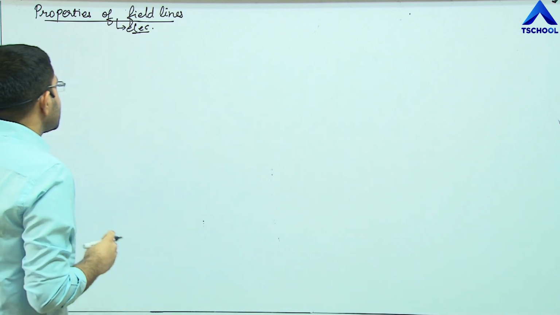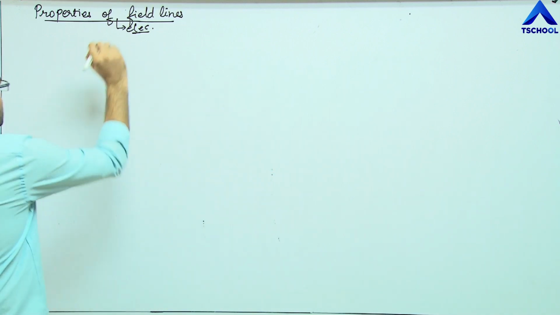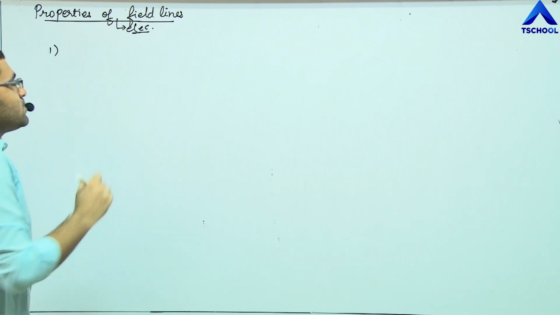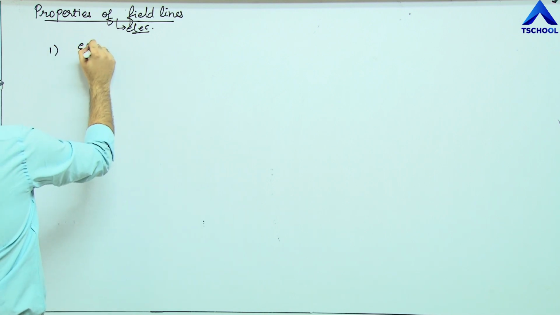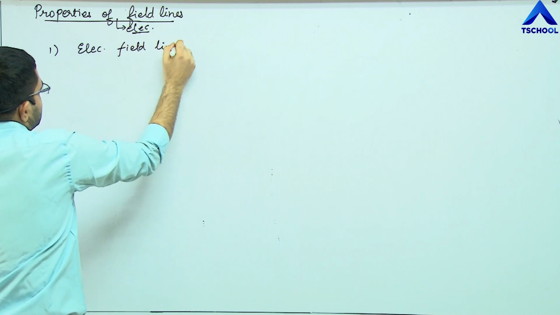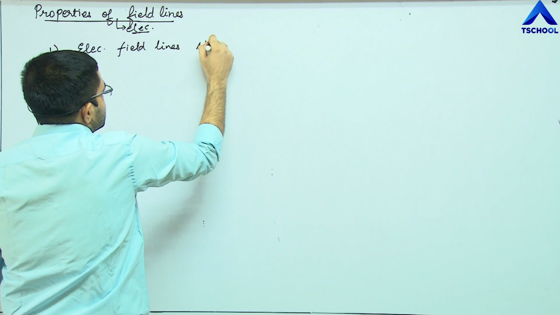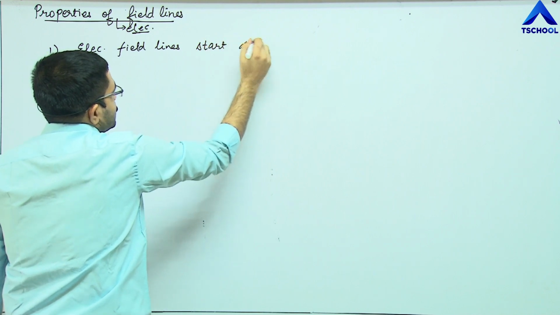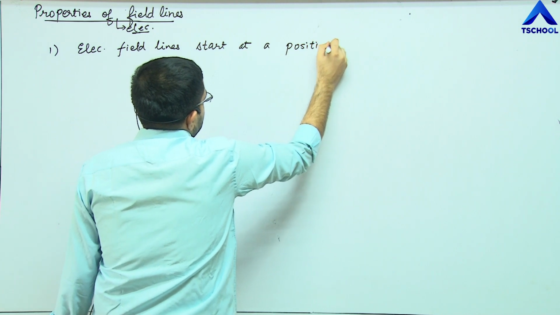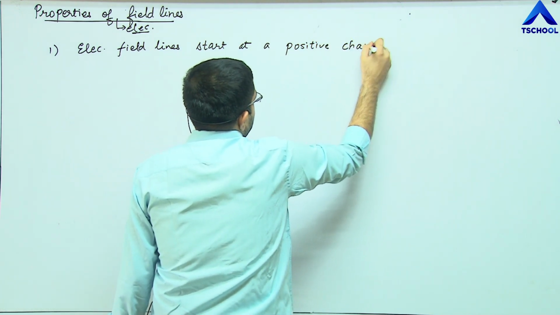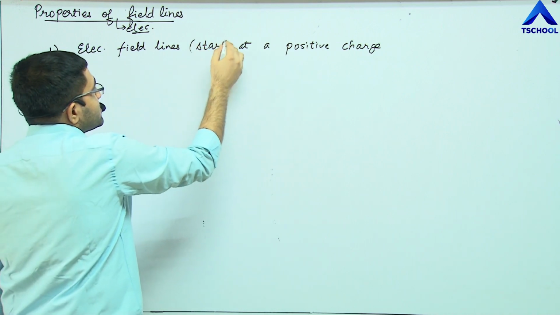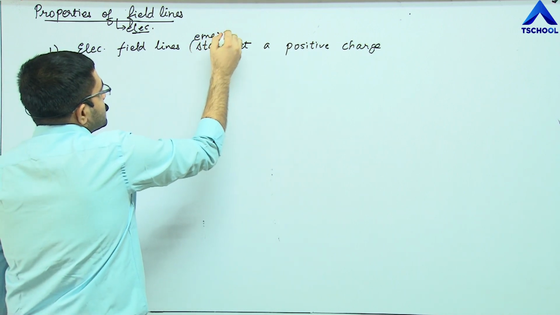Anyways, so what are electric field lines? What are the properties? First one: electric field lines start at a positive charge. You could also write the word emerge.